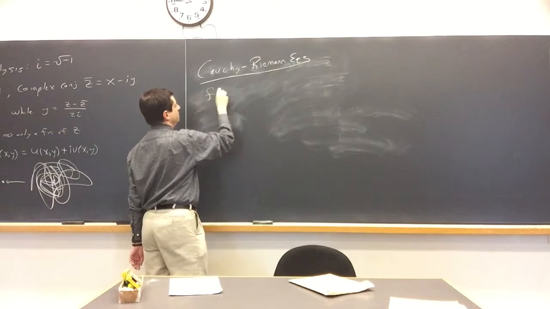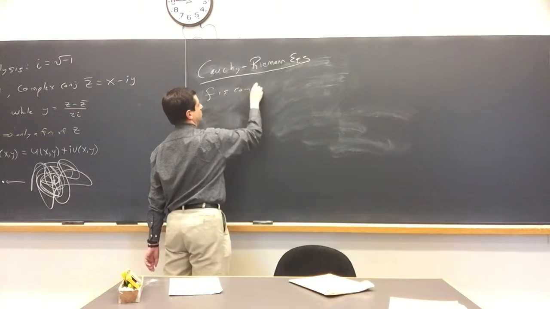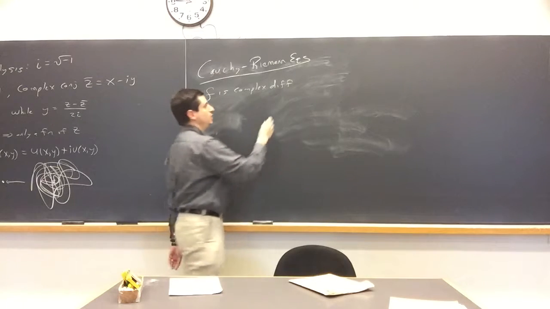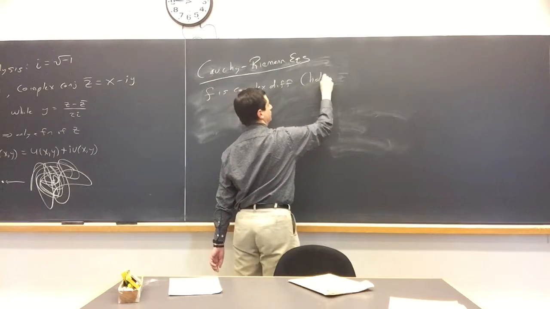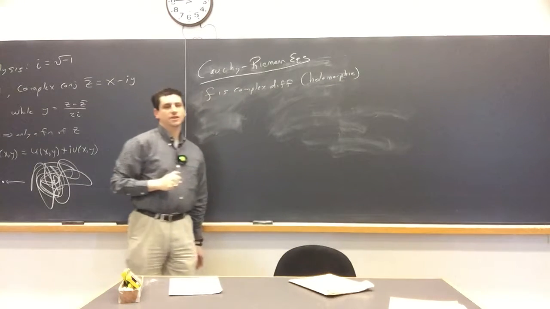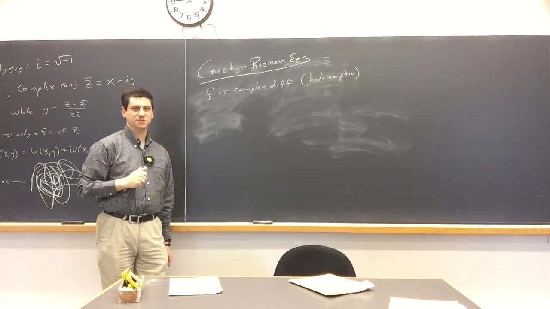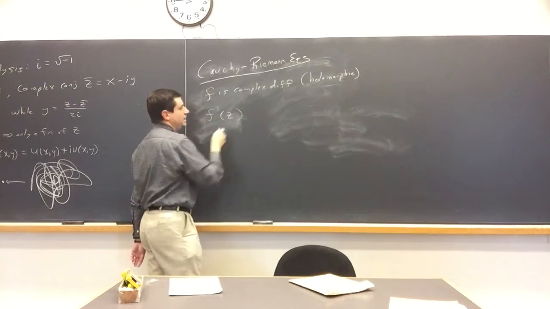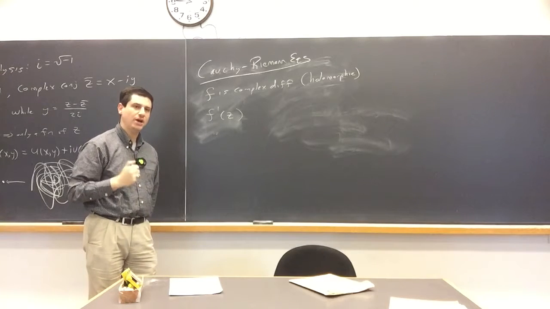So let's say f is complex differentiable. And the word we like to use in complex analysis is holomorphic. Because that way we can confuse the people from real analysis. So f prime exists. Now this has to be the same no matter how you approach.